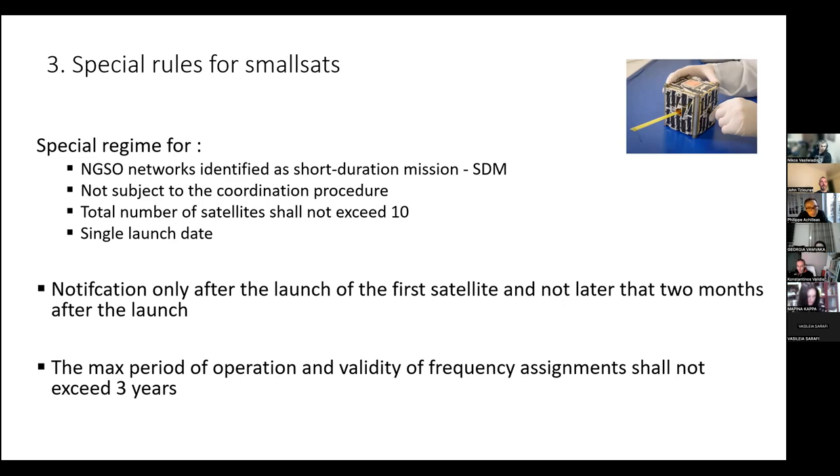So it's just to simplify the rules for startups and universities that want to launch these small satellites.